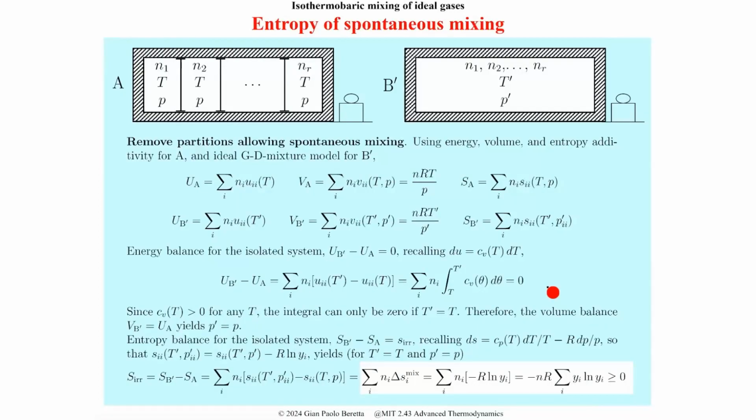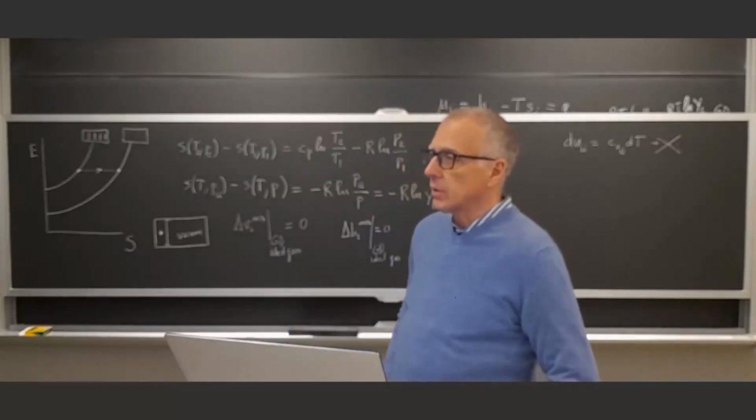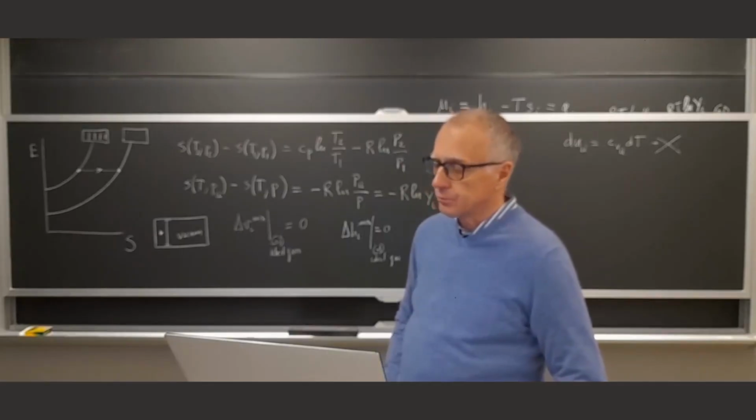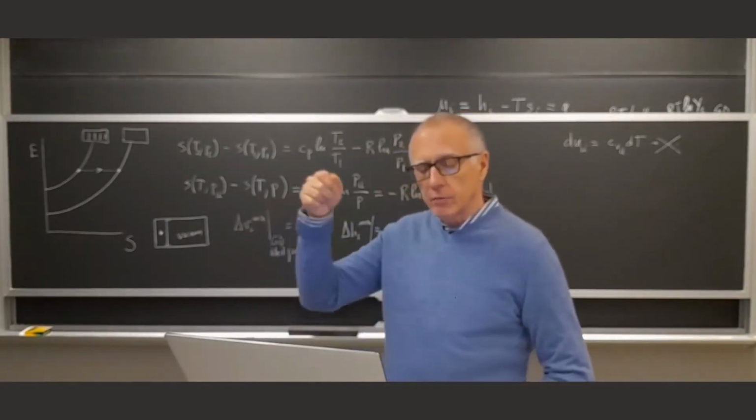Now, when can that be equal to 0? Here we have to remember a few things: that for each pure substance, the specific heats are non-negative, are greater than 0. We proved it because they're related to the second derivative of the fundamental relations.